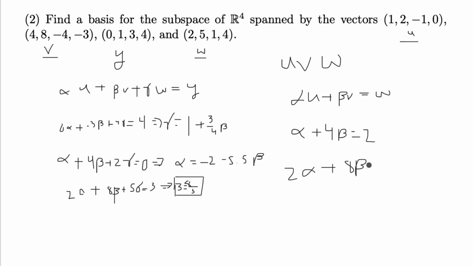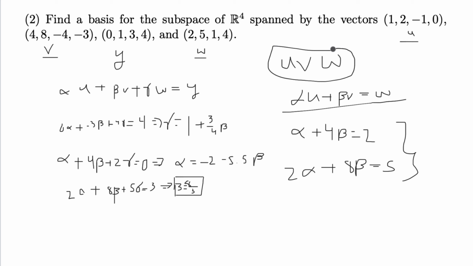But these, pretty clearly, are parallel lines, so they will never intersect. Therefore, there will be no solution for alpha and beta at the same time. So there are no solutions for this. Therefore, you cannot write this expression, and therefore you cannot rearrange the expression anyway. So these are linearly independent.